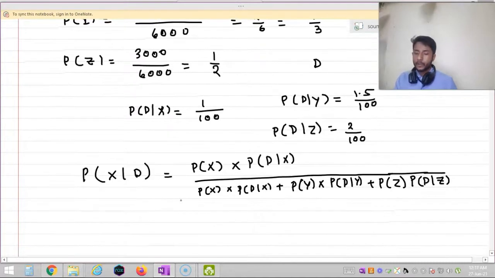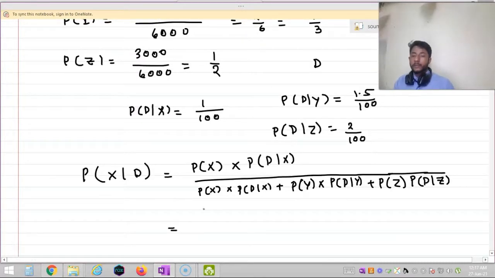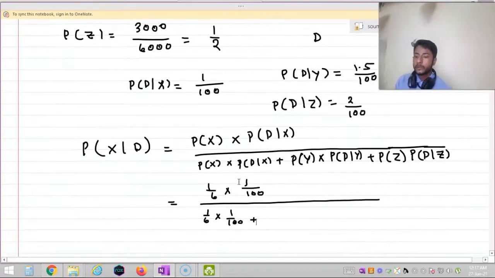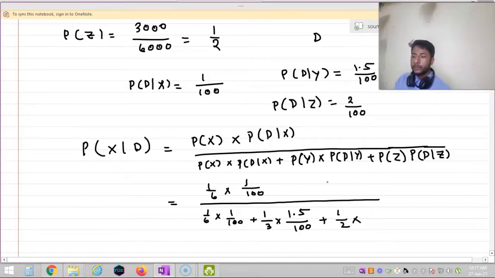So what is the probability of X? The probability of X is 1 by 6, and D given X is 1 by 100. So that is 1 by 6 into 1 by 100, plus probability of Y, which is 1 by 3, into 1.5 by 100, plus the probability of Z, which is 1 by 2, into 2 by 100.